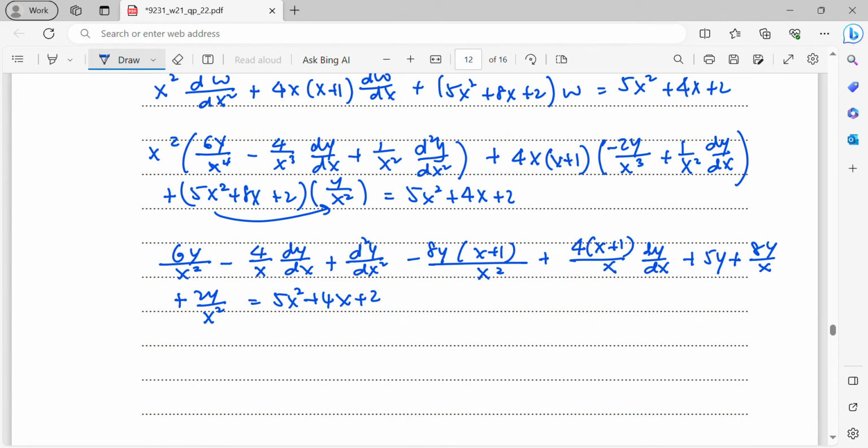Okay, so now I will get d squared y over dx squared, which is this term. So for those with dy dx, these two terms, right? For these two terms, you can factorize the dy dx.